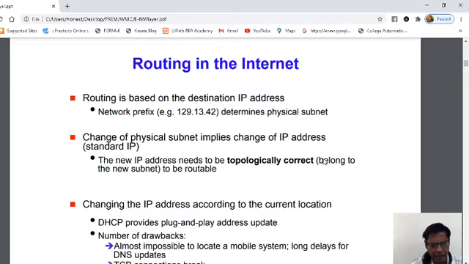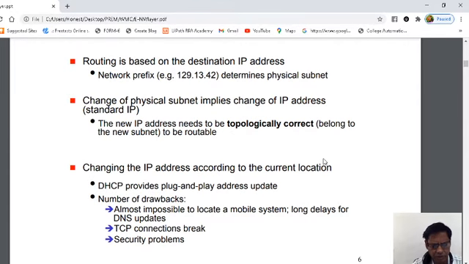Dynamic Host Configuration Protocol, DHCP, provides plug-in and plug-out address updates.